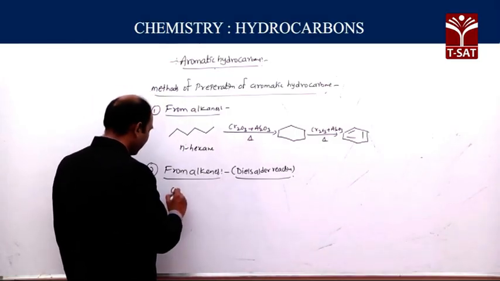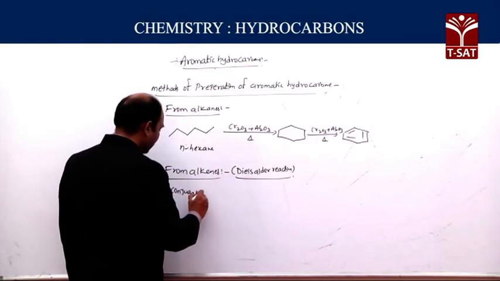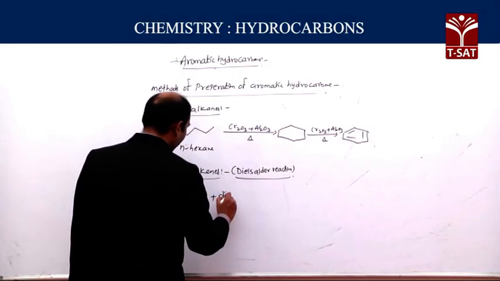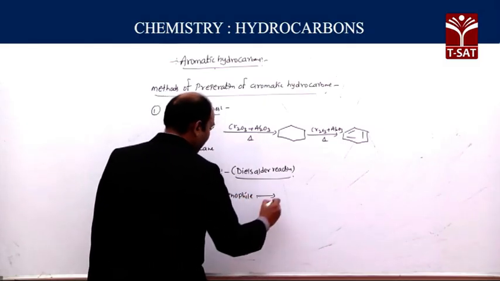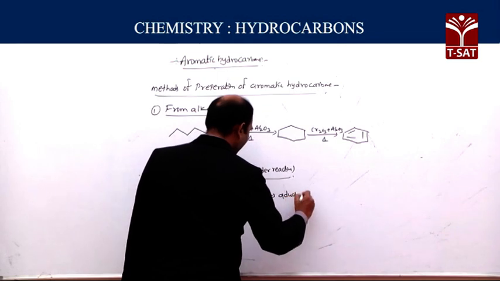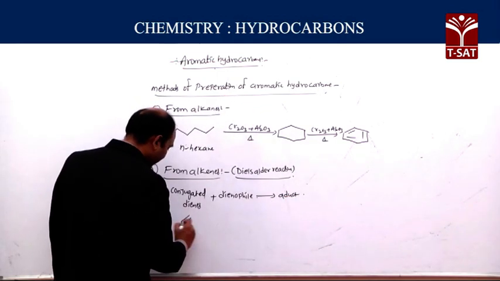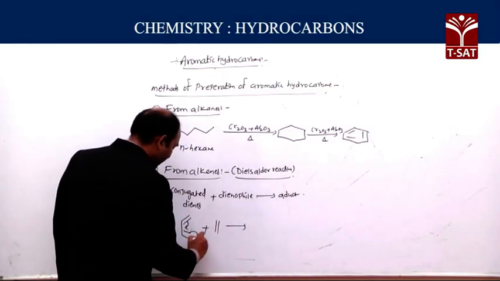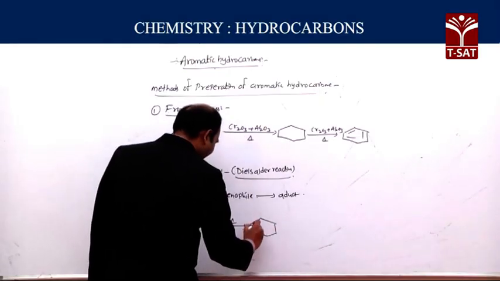The Diels-Alder reaction is nothing but conjugated dienes reacting with a dienophile. It gives an adduct. So, let us take conjugated dienes. This is butadiene plus this one. What happens? This is a 1,4 addition reaction. We get cyclohexene.